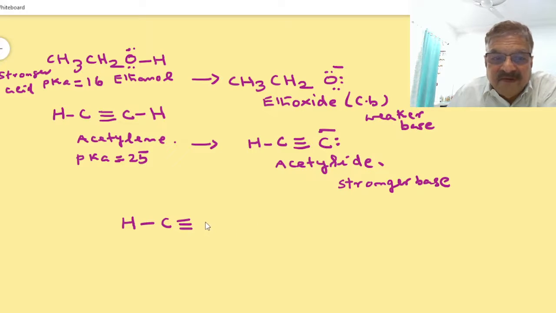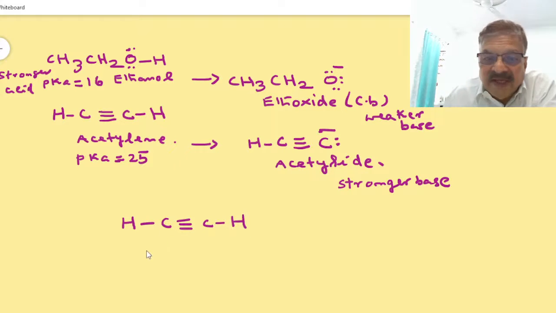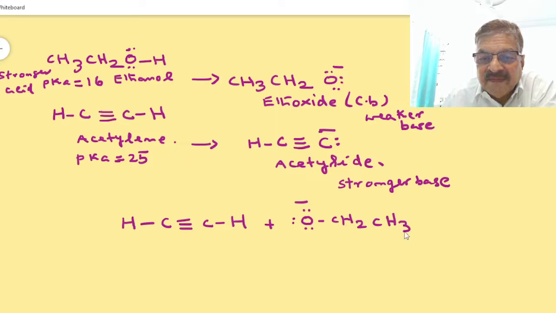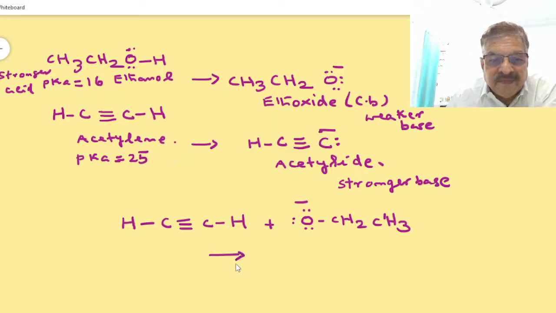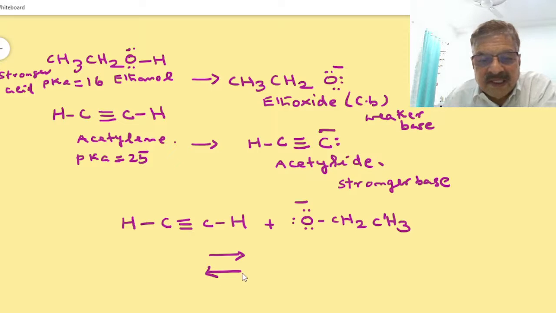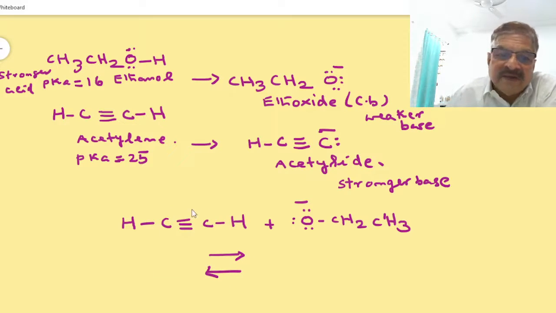So this is our acid, acetylene, pKa 25, as we know. It is reacting with ethoxide, that is the base. Now, what will be the products formed? Arrow length and all we will adjust later. Let us see how the reaction is proceeding.